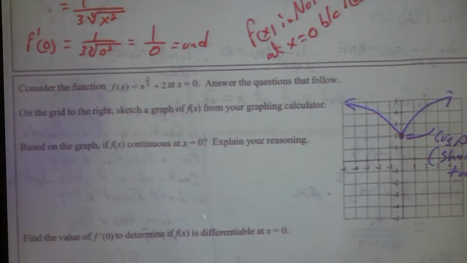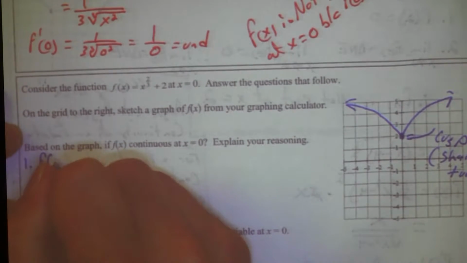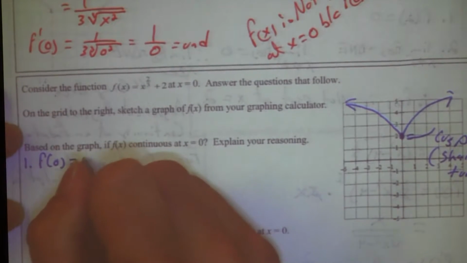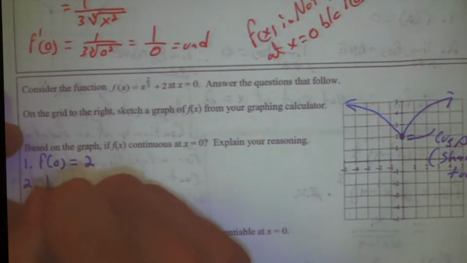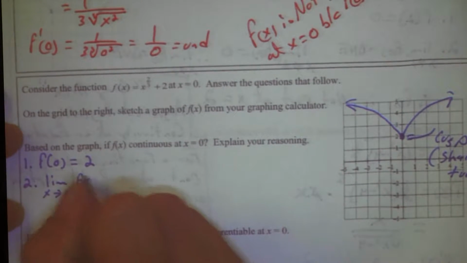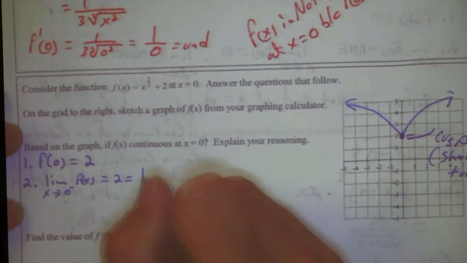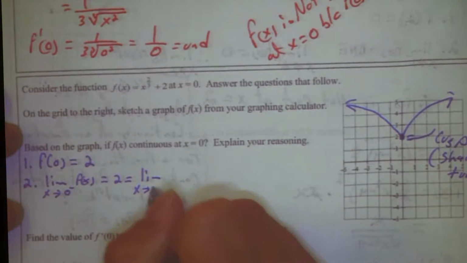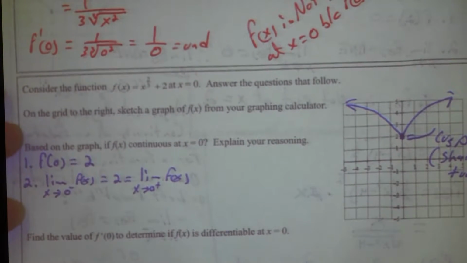Right, so the first one, let's prove continuity. Is it defined at 0? What is the value? 2. Does the limit exist at 0? The limit as x approaches 0 from the left equals what? 2, and the limit as x approaches 0 from the right also equals what? 2.